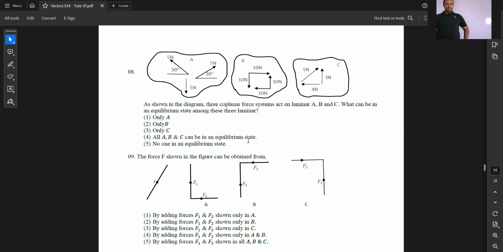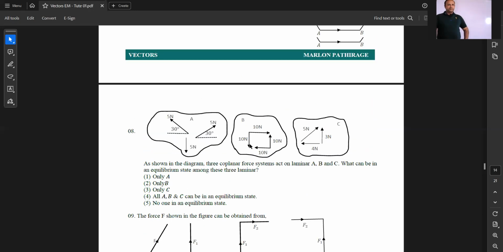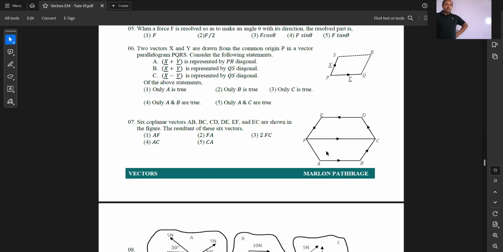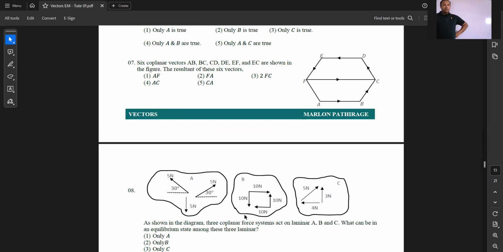Shall we start from the MCQ questions? We have discussed the first 7 questions, and question 8 will be discussed after doing the equilibrium part.